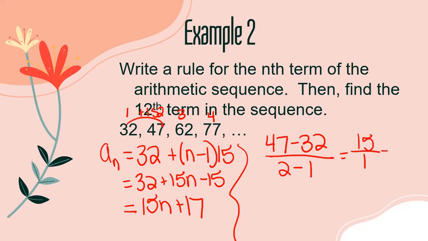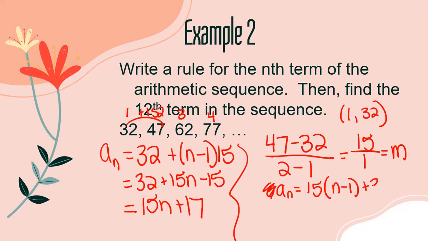So my slope is 15. I now have an ordered pair of (1, 32). So I'm going to plug that in using my point-slope knowledge. So that would be a sub n equals, well, my slope is 15 times n minus 1, plus 32, right?